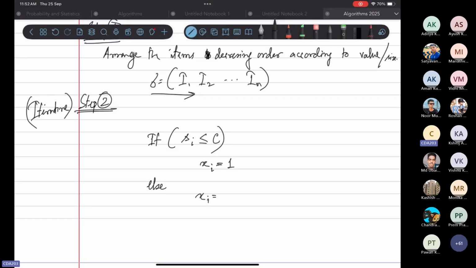So else means, although we generally don't write it, that in this case si is more than C. Then what is the fraction that you want to take? It's C by si. Okay. And you're going to take that fraction of it.